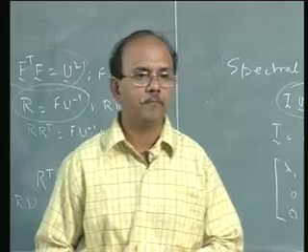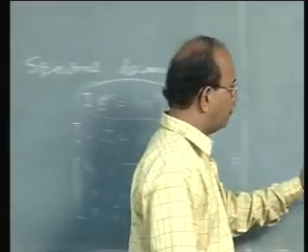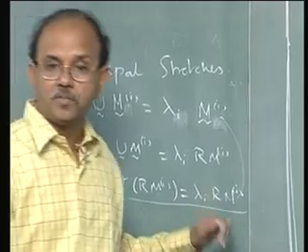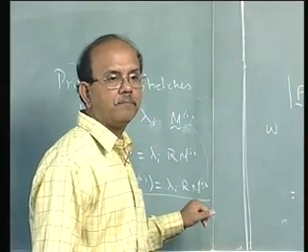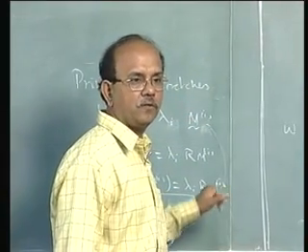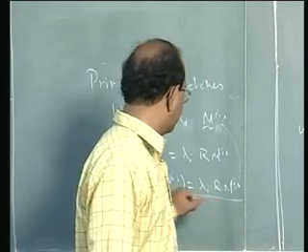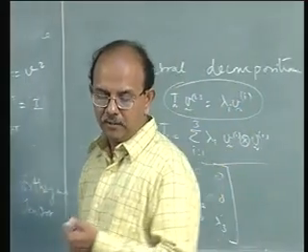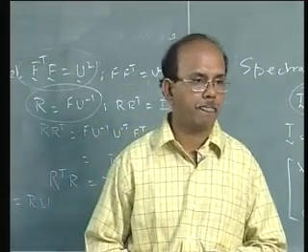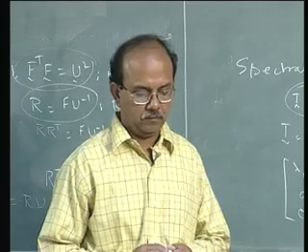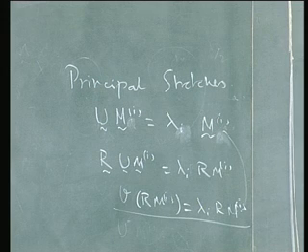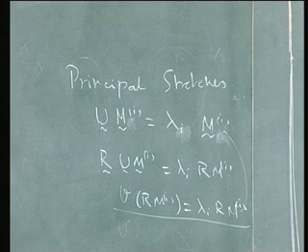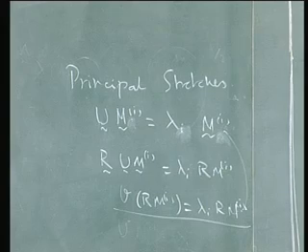It means that the eigenvalue of V, or the principal stretches of V, is the same as that of U, but the eigenvectors get transformed, or rotated, by R. Is that clear? Okay, so that's another important result that we have to see.